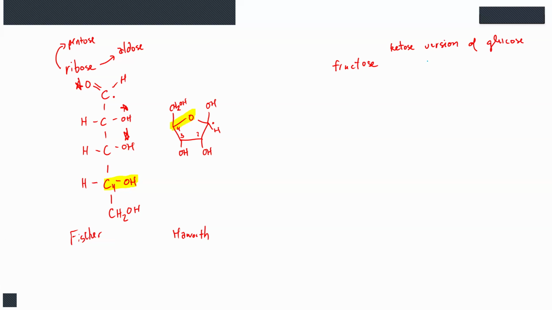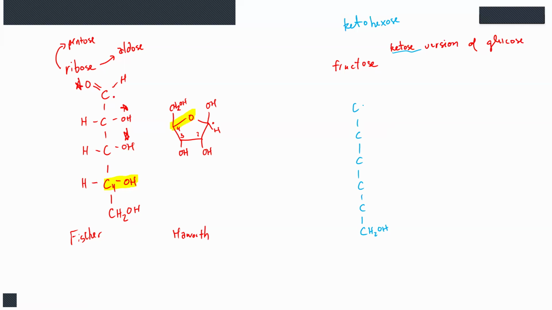Well, let's think about what glucose is. Glucose is a hexose, and this is the ketose version of glucose. So this is a ketohexose. Okay, so we can start out by drawing one, two, three, four, five, six. What we know about our sixth carbon is it's going to have this CH2OH.